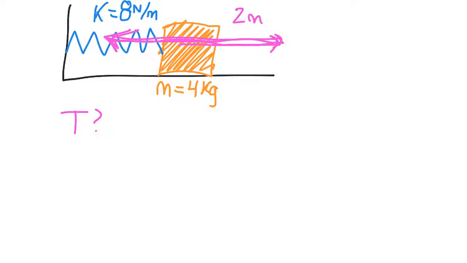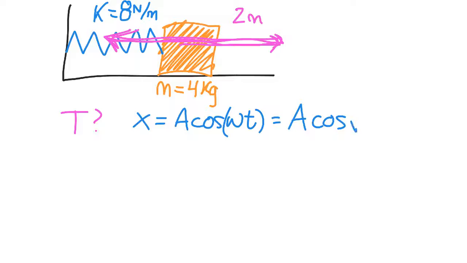Well, we know that our equation for x is A cosine omega t, where with a mass on a spring, that's A cosine square root k over m times t. And we know that cosine repeats every 2 pi.